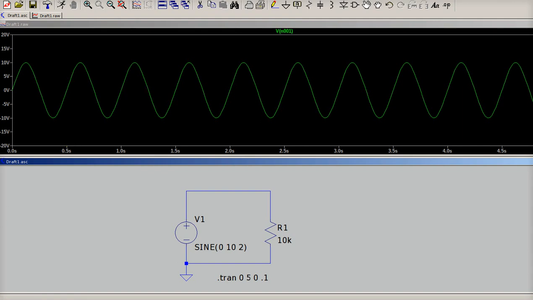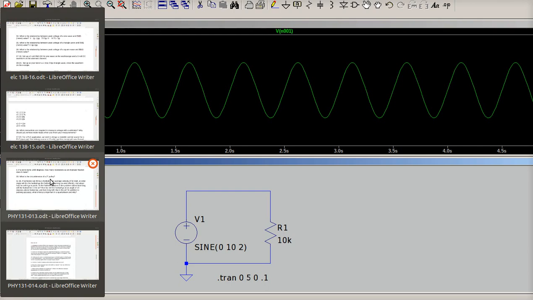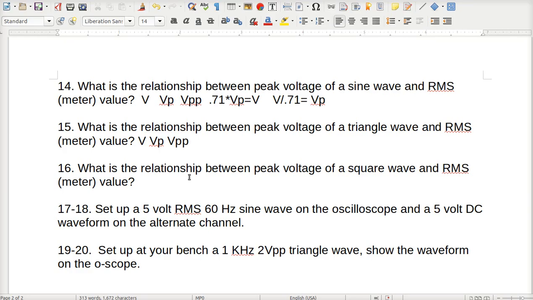Well, that's excellent news for us, because in terms of a triangle, my relationship between RMS and VP is 0.5, or 1/2. 0.5 times VP, I'll go ahead and put in the times. I can't stretch my fingers that far. There you go.